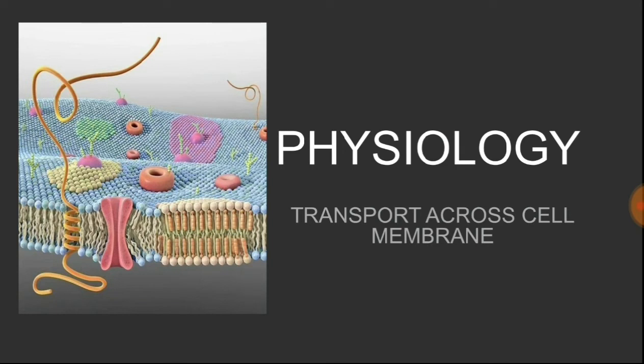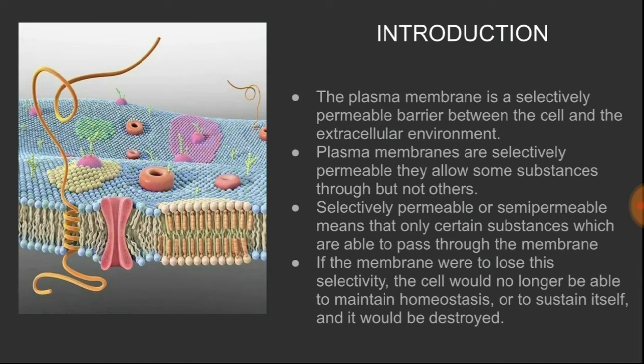So yeah, shall we move to the next part of the video, which is introduction. This is an introductory part of what is transportation across the plasma membrane. The plasma membrane is a selectively permeable barrier between the cell and the extracellular environment.